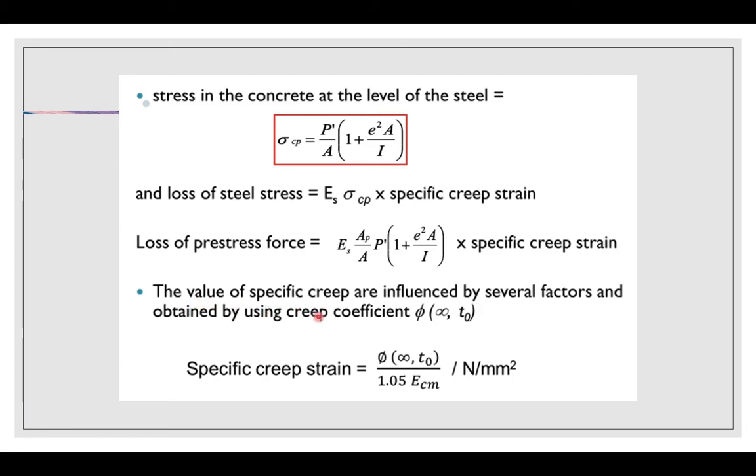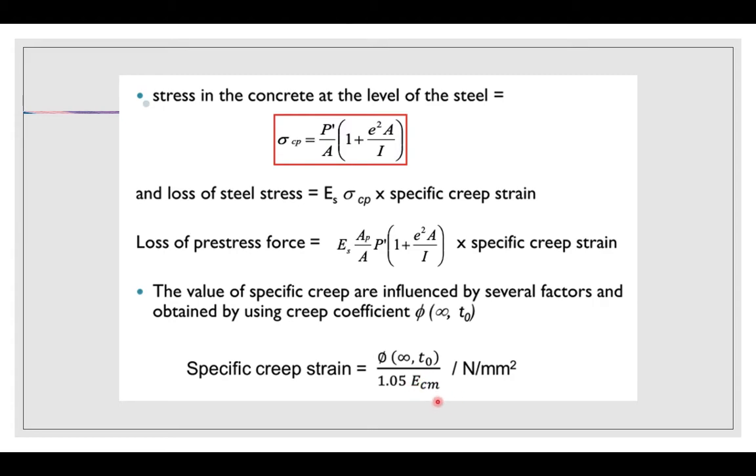The value of this specific creep strain is influenced by several factors, obtained by using the creep coefficient. We can calculate this value of the specific creep strain using this equation, where we use the creep coefficient as well as the value of the modulus of elasticity for our structure.